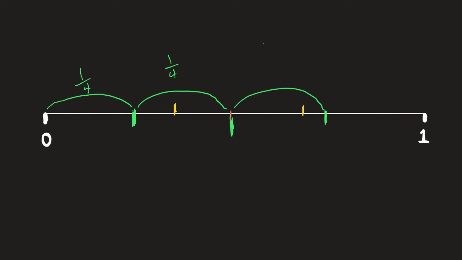This is 1/4. And then this is 1/4. 1/4 plus 1/4 plus 1/4 plus 1/4 makes a whole. So 4/4. As you can see, what I've done here is that I've cut up the 1 into different ways, and I could keep cutting it.